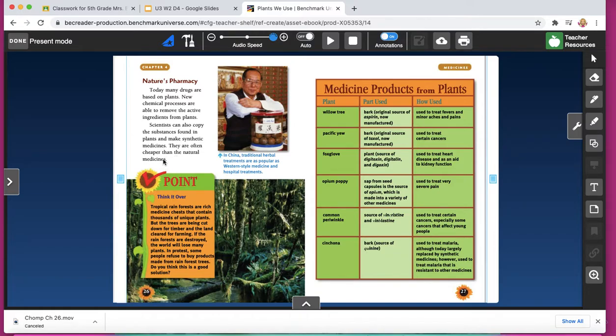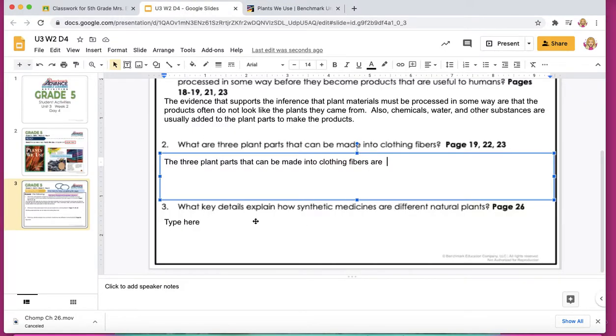So basically, how are the synthetic medicines different? Well, the scientists copy substances found in plants to make synthetic medicines. Almost this sentence right here is the answer. So synthetic medicines are different from natural plants because scientists have to copy the materials in natural plants to make them.